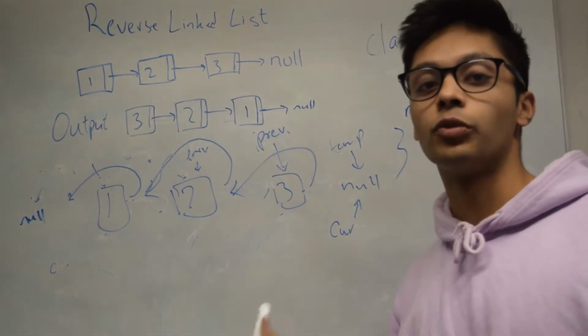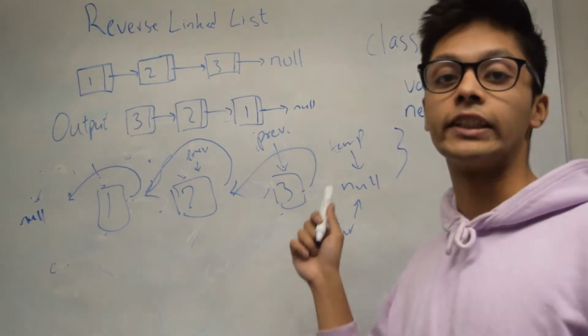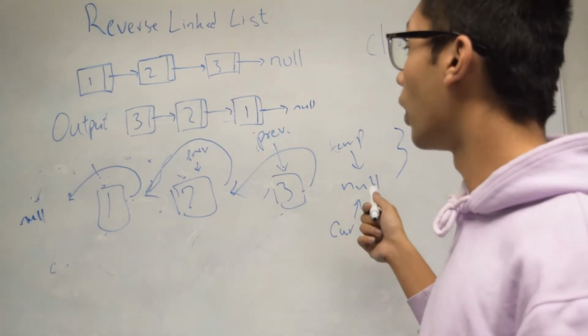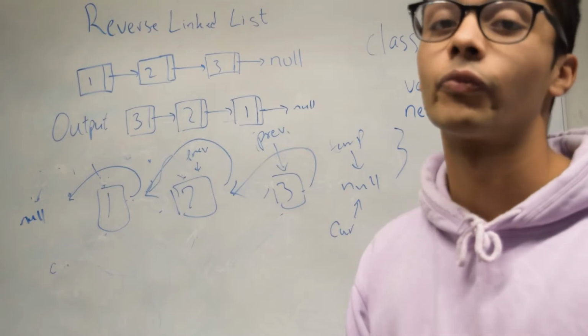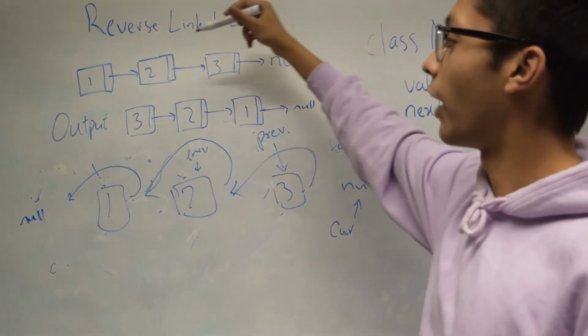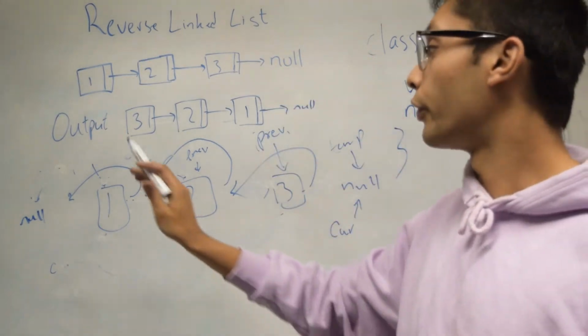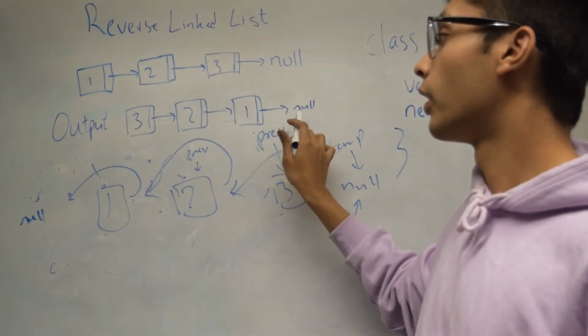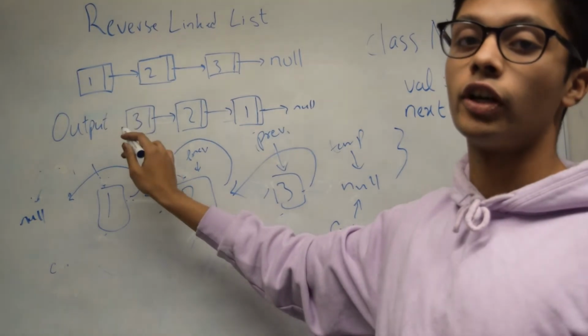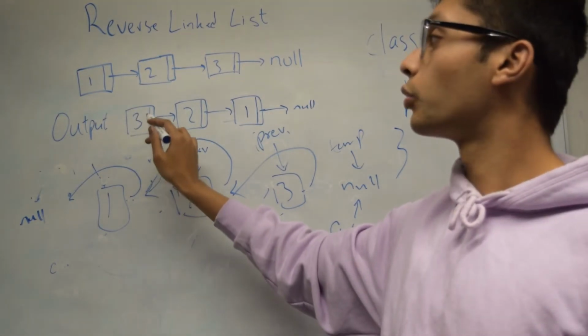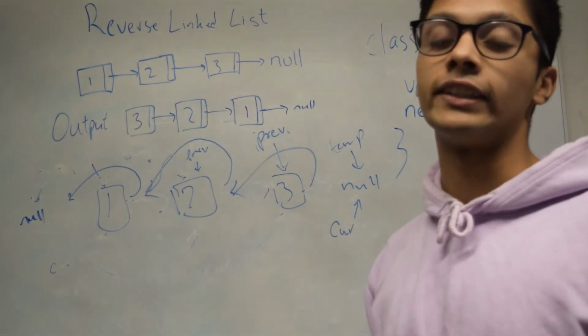Now, in this iteration, we'll clearly see that current is equal to null. If current is equal to null, what do we return? In this example, we have 1, 2, 3, and then null. And we can clearly see we return 3, 2, 1, null. So if we return the part that's pointing to 3, we basically have the desired output.